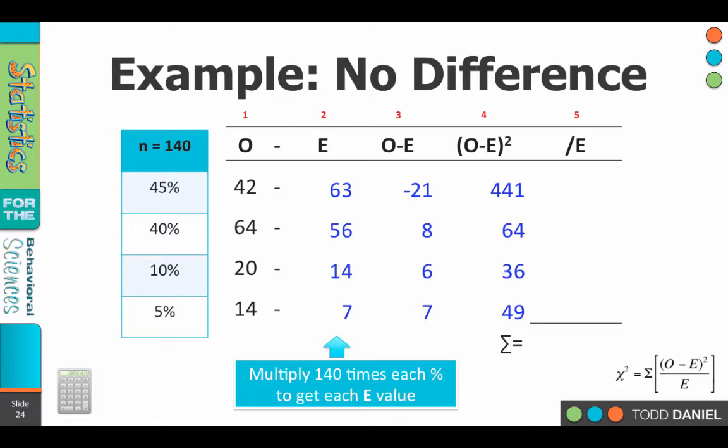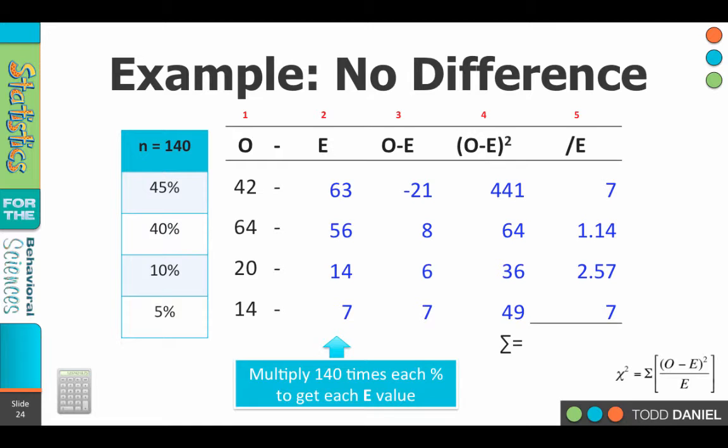And now we take the O minus E squared, the value from column 4, and divide it by the value in column 2, remembering that the value in column 2 is different on each line. So we do not divide by the same number each time. This time we start with 441 divided by 63. And that gives us a chi-square for that row of 7.